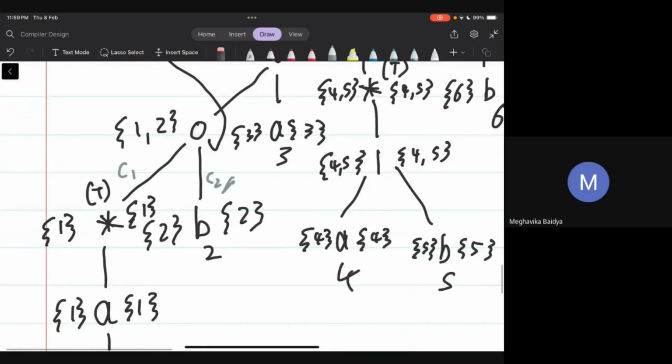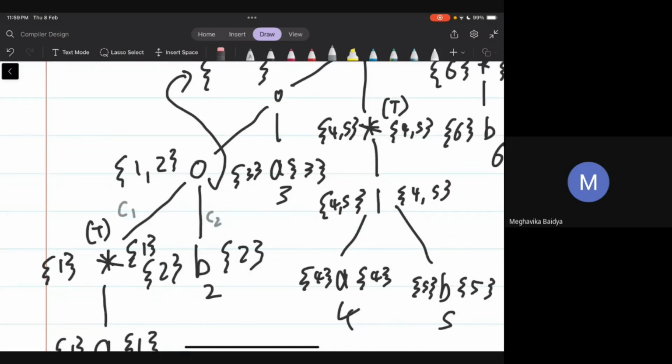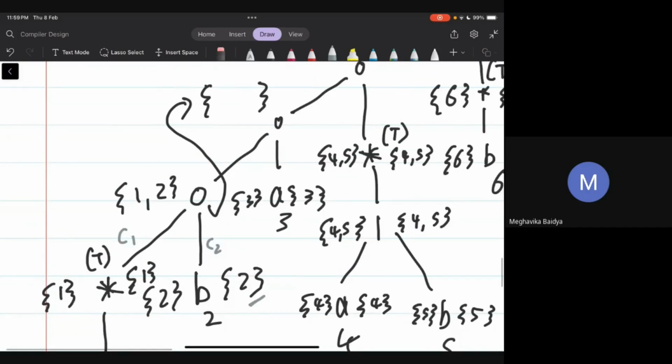Check here now. Nullability of C2 is false; we didn't write it as true here. C2 is what? That's B, right? So what is the nullability of B? False, right? So you only write the last pos of B, which is 2 here.